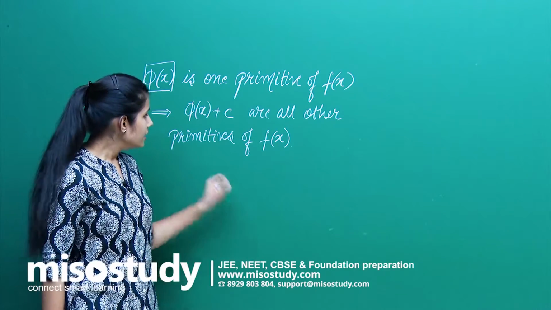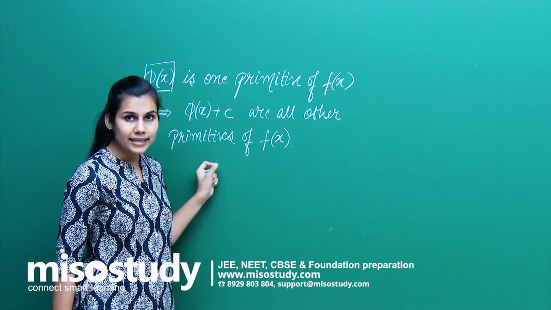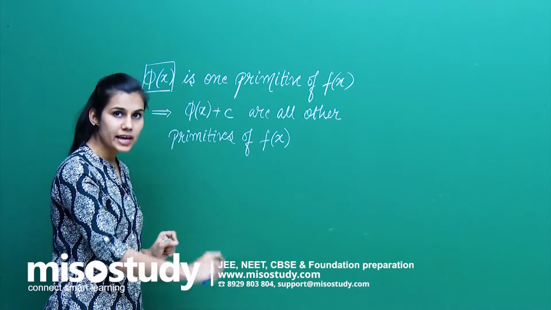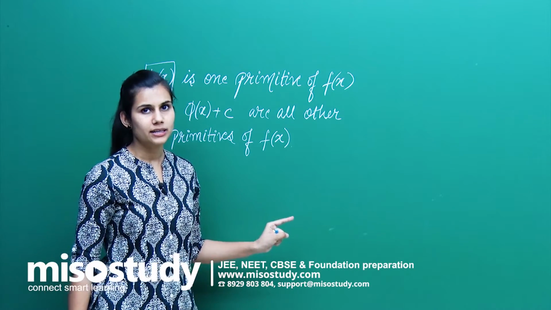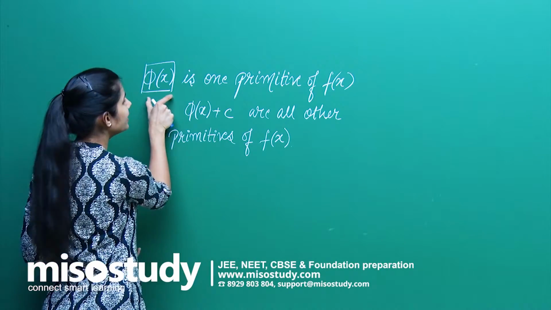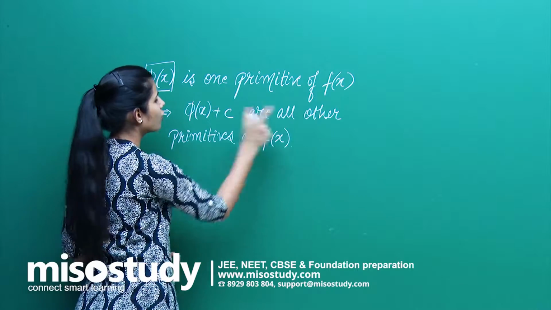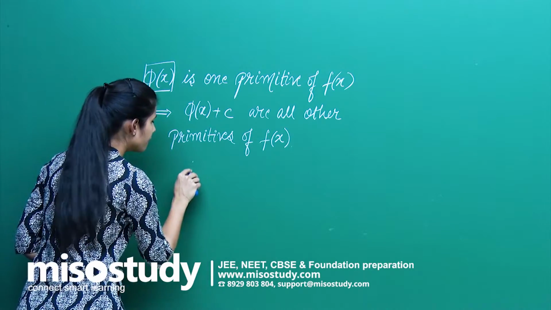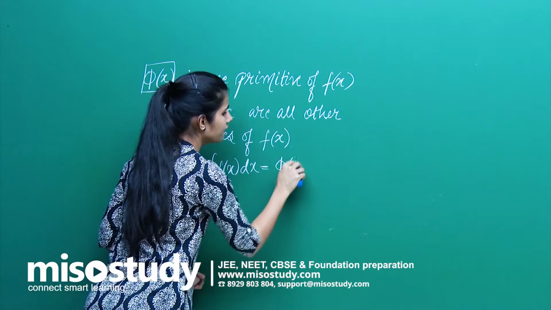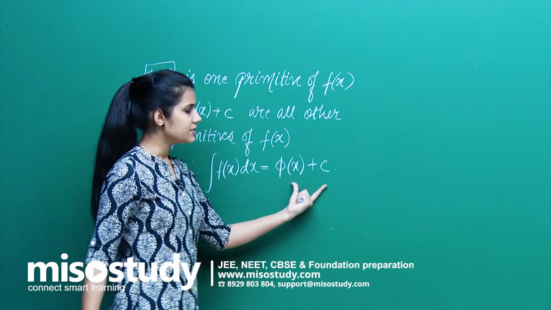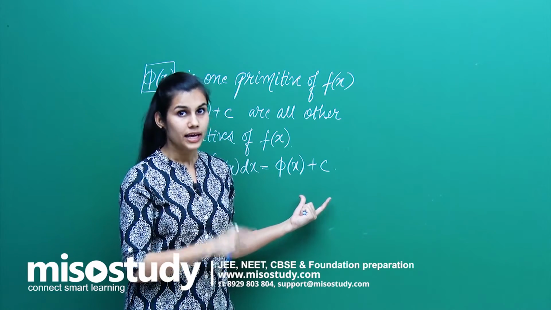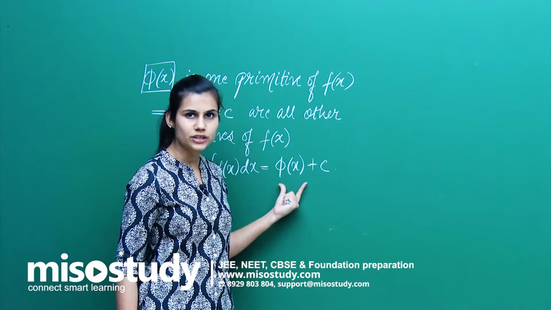Cool? Once we have understood this fact about antiderivatives of f, we know that the indefinite integral of f dx is nothing but the family of antiderivatives of f, right? So if phi is one antiderivative of f, phi x plus c are all other antiderivatives of f, therefore the integral of f(x) dx is nothing but phi x plus c, representing the entire family of antiderivatives of f. In this answer, only this term is a function of x.